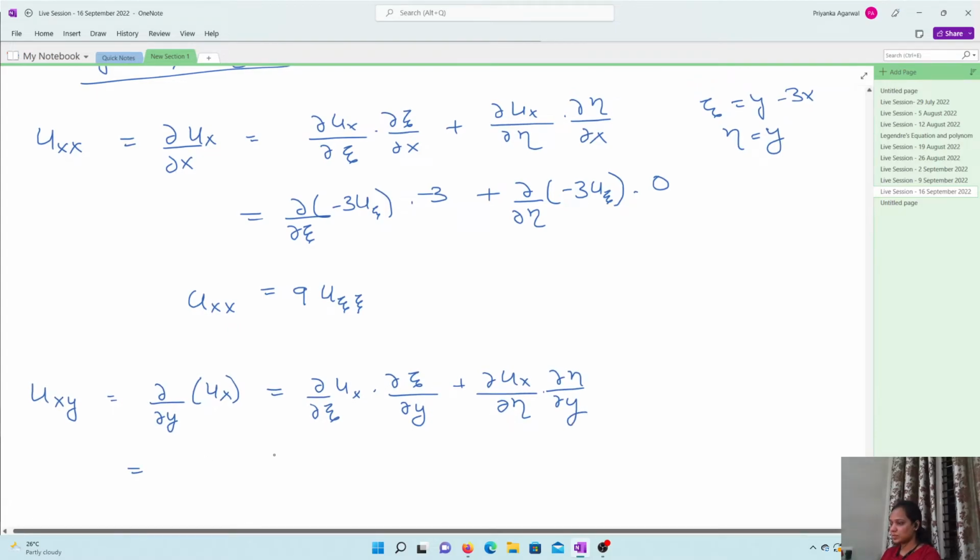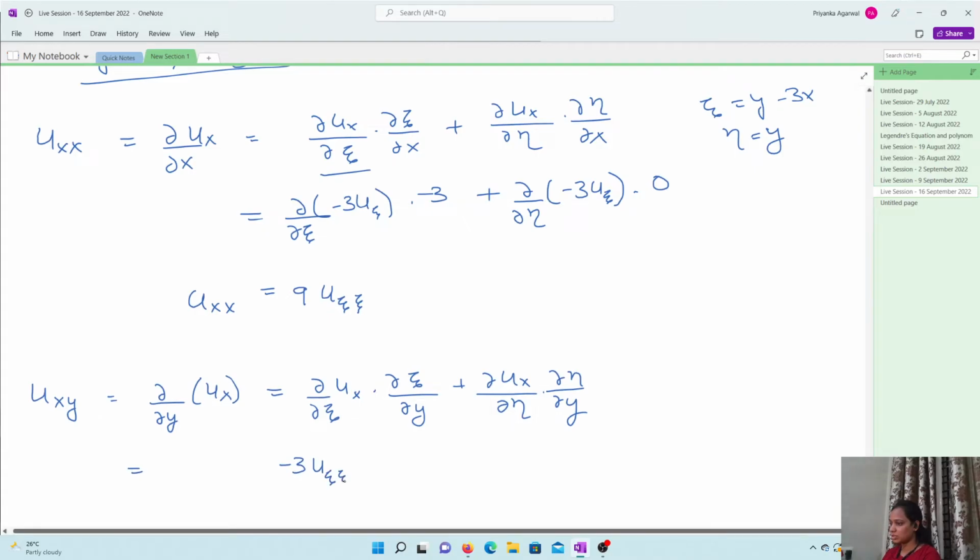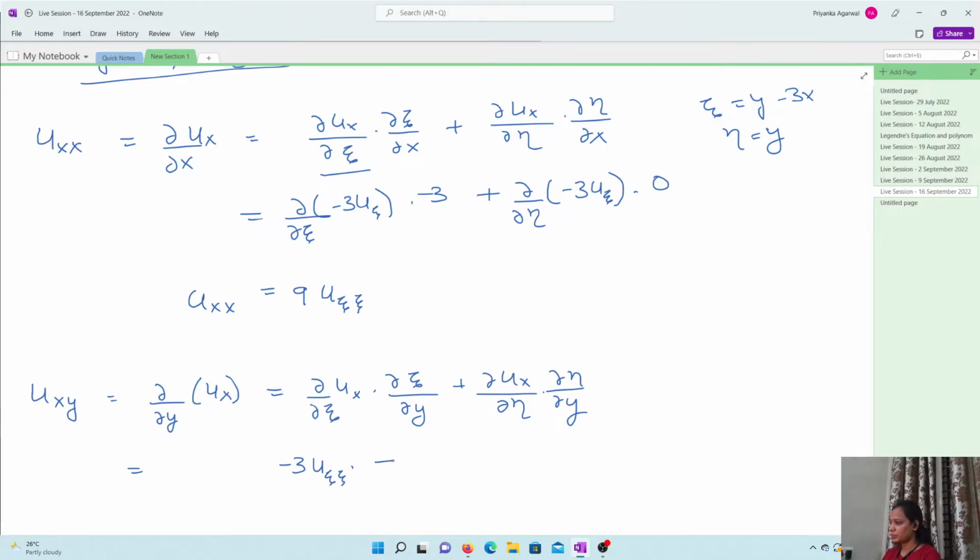So this becomes the same thing, right? Which is minus 3 u xi xi into del xi over del y is 1. Now plus del ux over del eta.